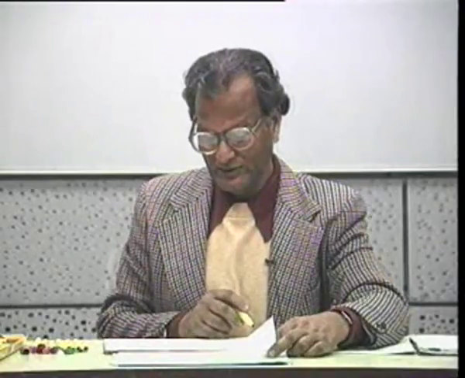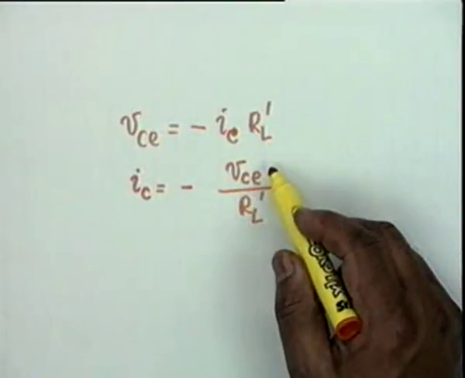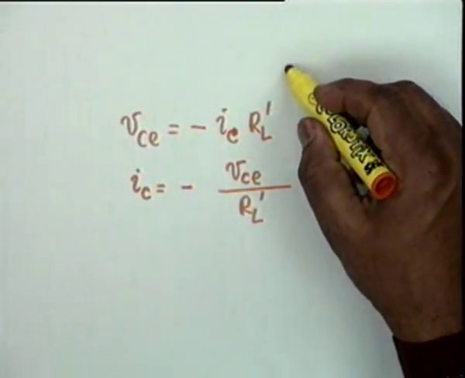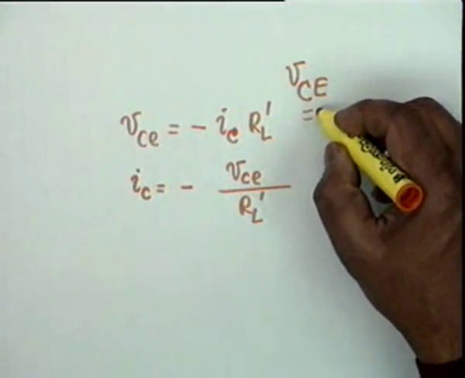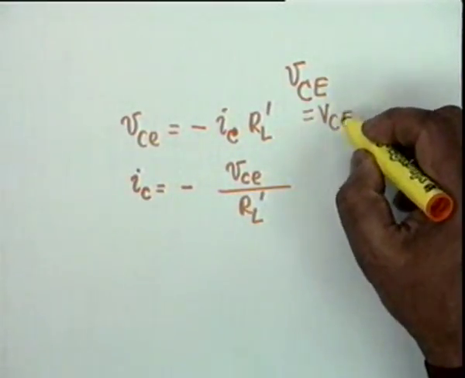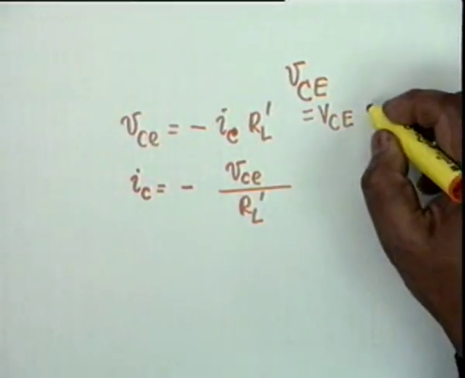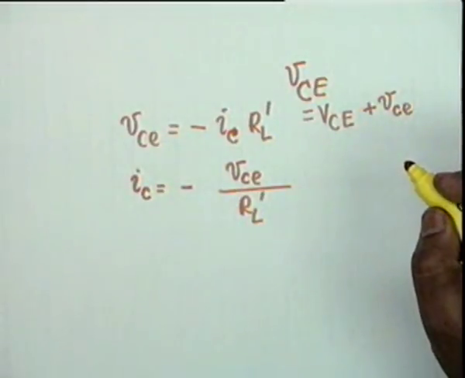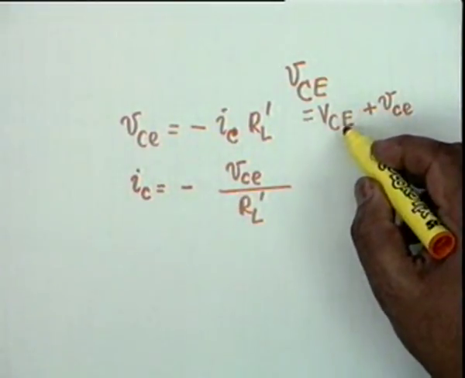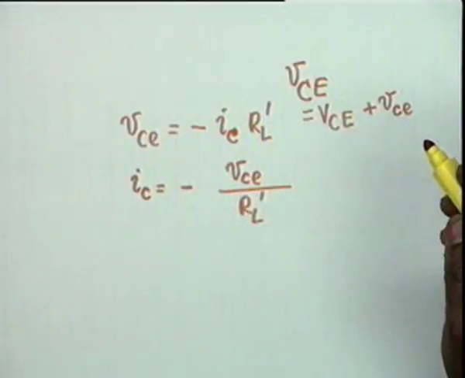Elaborate on this. vce is the AC signal. That means it is the perturbation. Well, as I have said, the total collector emitter voltage is equal to VCE, the DC voltage, plus small vce. So this is an increment on the DC collector voltage.